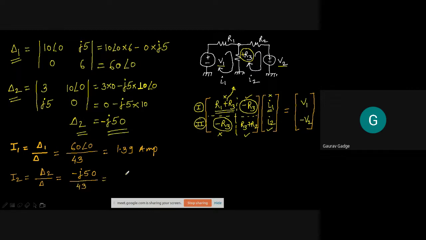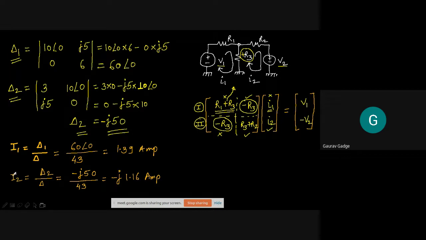So what is I2 here? I keep that minus J as it is, and I divide 50 upon 43. I think I am getting 1.16. Whether I am correct or not, just check. Yes, sir, it is 1.16. Fine. So these are the answers to I1 and I2.